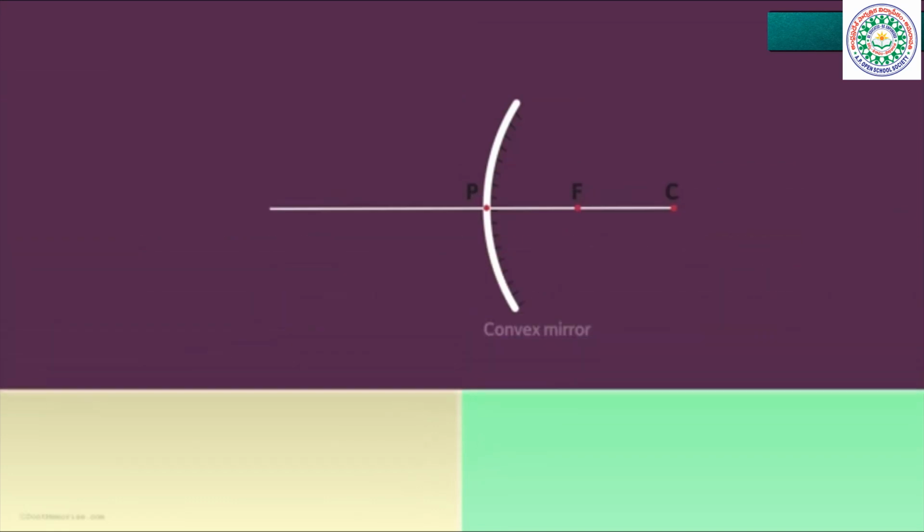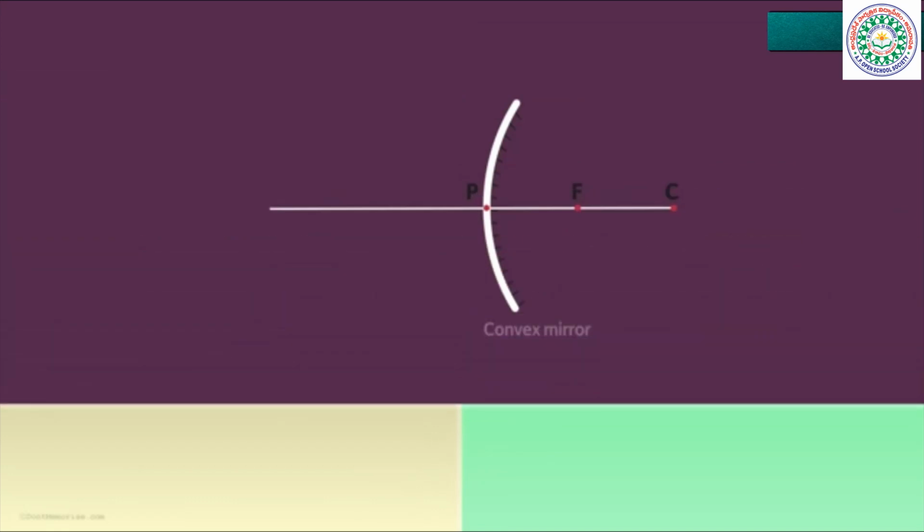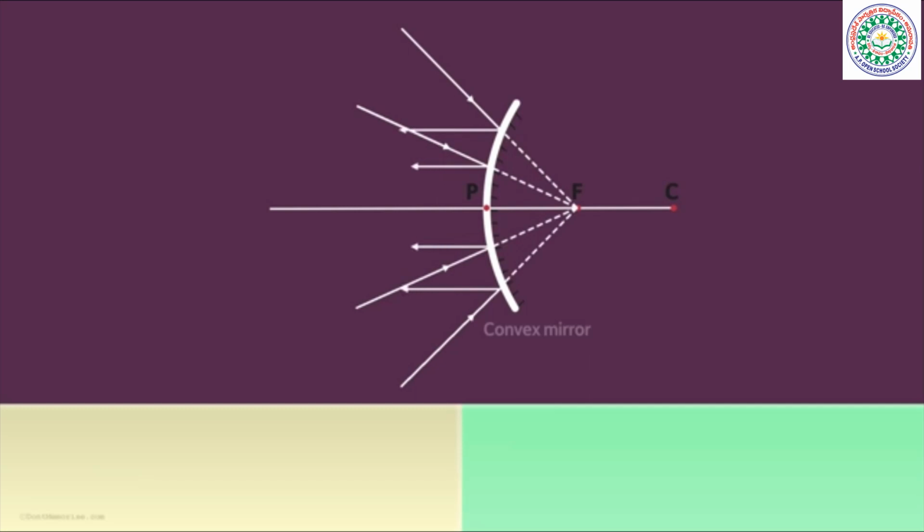But in convex mirrors, we know that the rays cannot pass through the focal point as it lies behind the mirror. But if I direct the incident ray towards the focal point, then after reflection, it travels parallel to the principal axis. Yes, any ray which is directed towards the focal point will travel parallel to the principal axis after reflection.